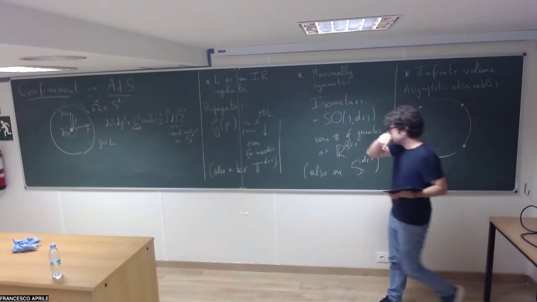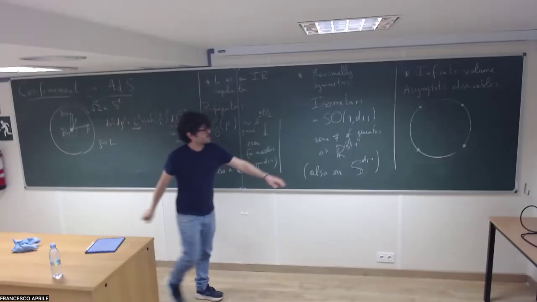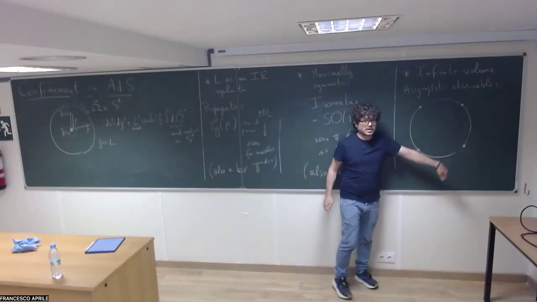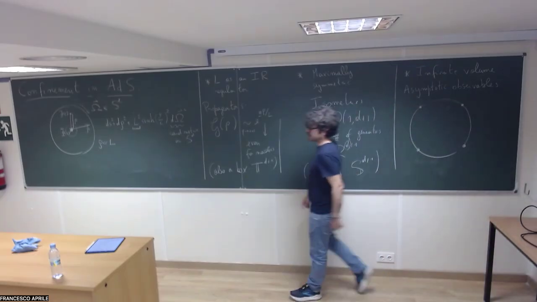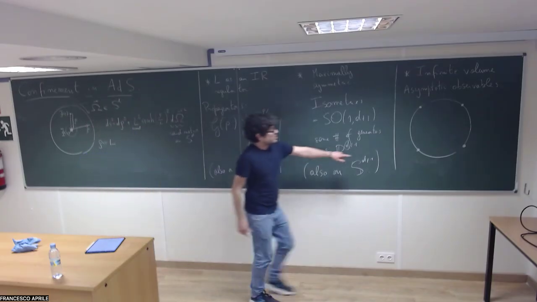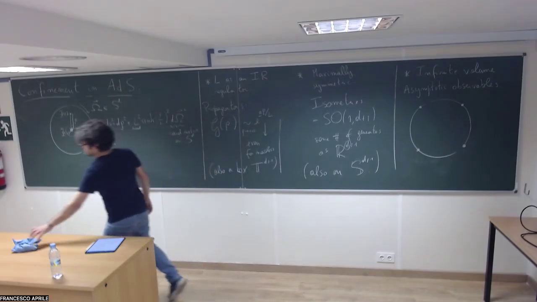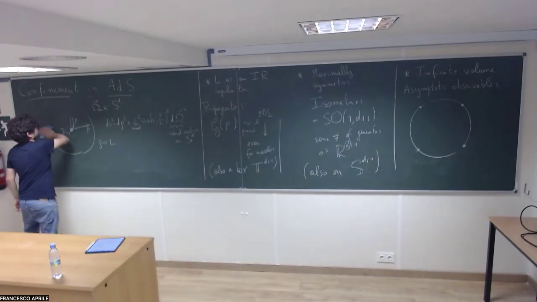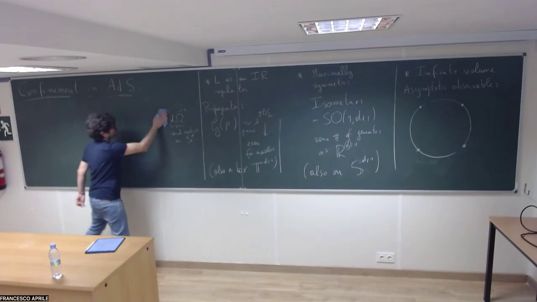Asymptotic observables are correlators of local operators inserted at the boundary. That just means that we will have the possibility to compute correlation functions just inside this conformal boundary. And of course, I guess everybody here is familiar with this from AdS/CFT.